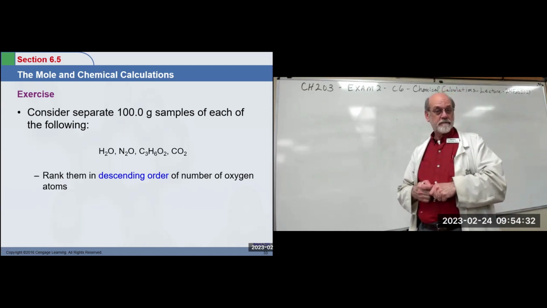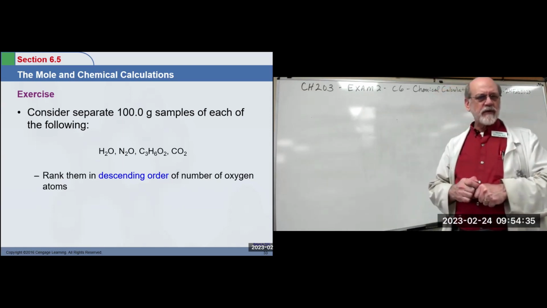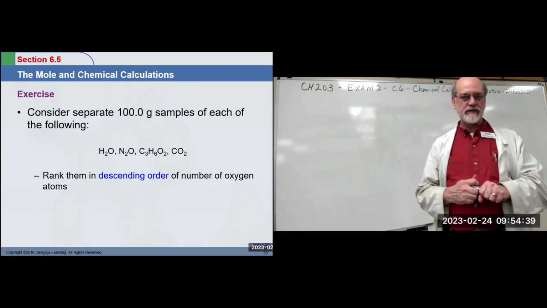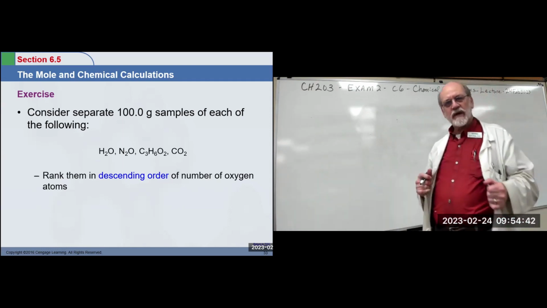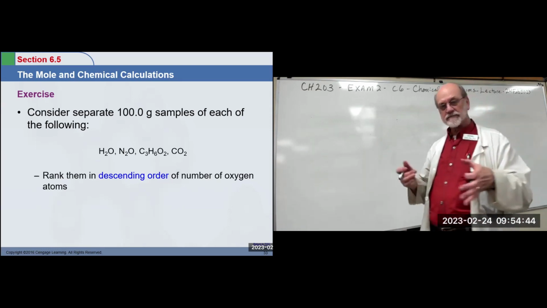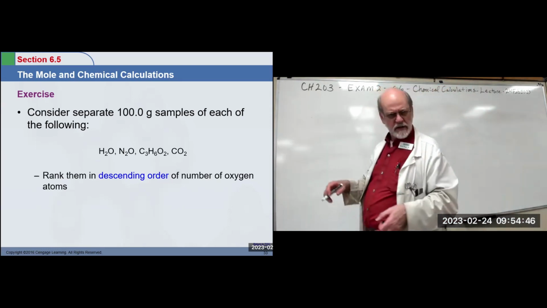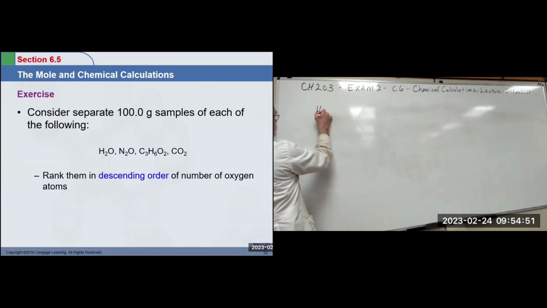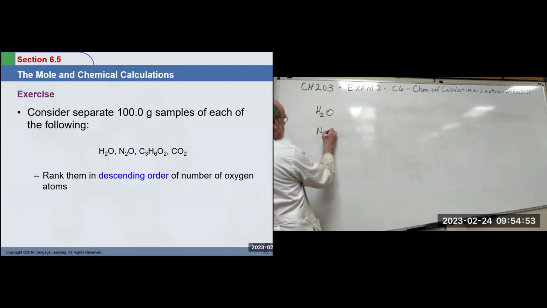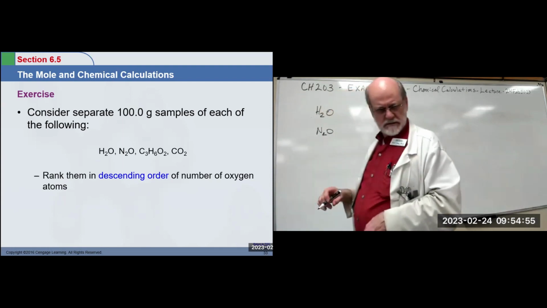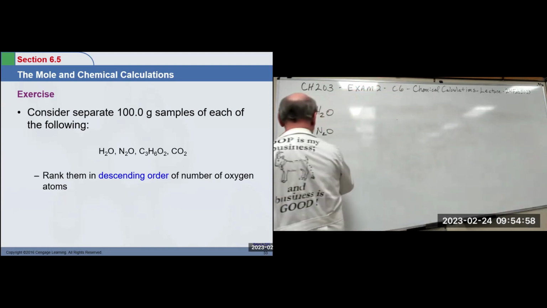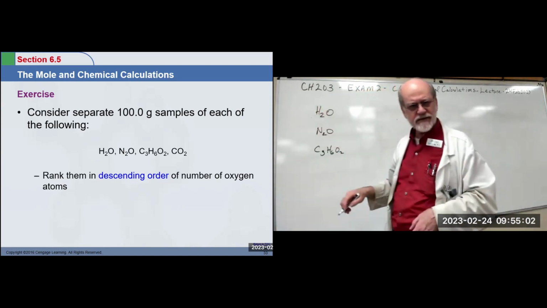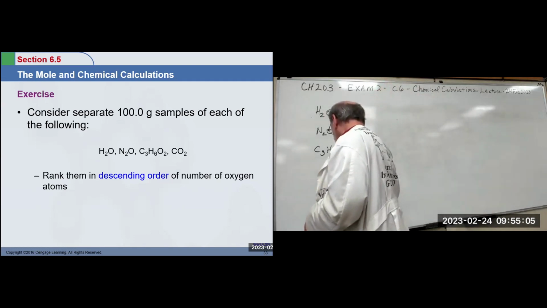For this one, say you have a 100-gram sample of each of the following. Rank them in descending order of number of oxygen atoms. That sounds like a big problem, but if we're methodical about it, we just need to put water, nitrous oxide, C3H6O2, I'll bet that's propionic acid, and then CO2.